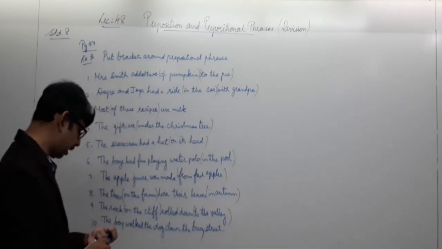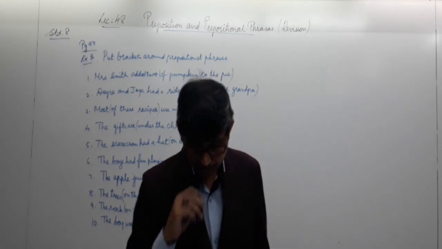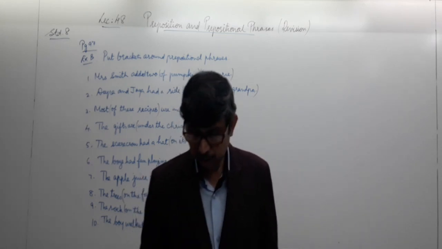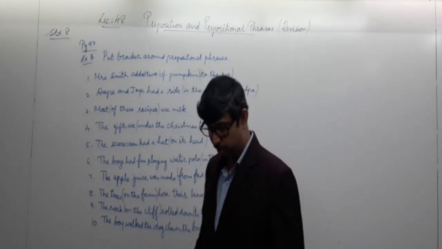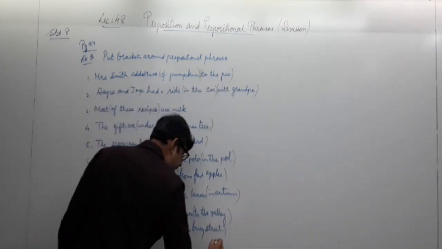Well, this sentence, if you carefully observe, you will find out the prepositional phrase. It is down the busy street. So mark it out. Down the busy street.